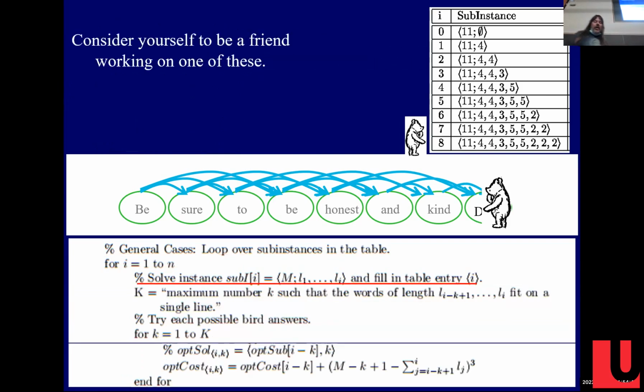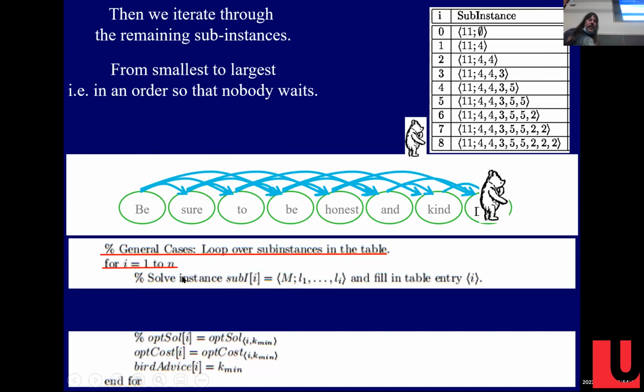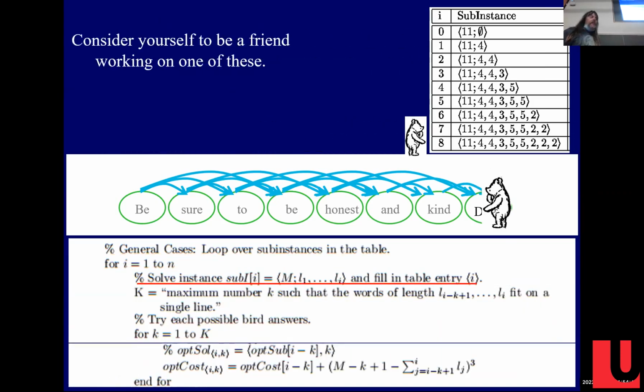All right, so now I filled it in. That didn't change. What we did is fill in the rest of how to do it. Now, I like to say, don't try to solve everything. Focus on your job, and your job is to solve the ith instance.